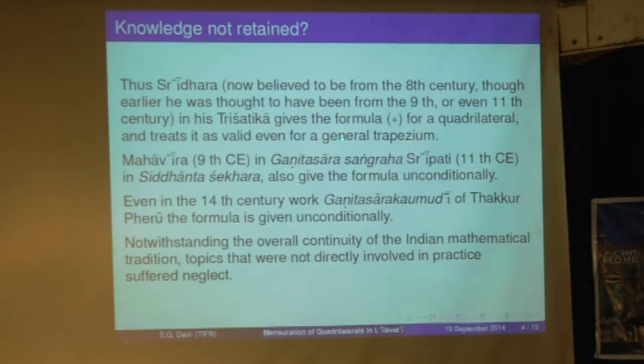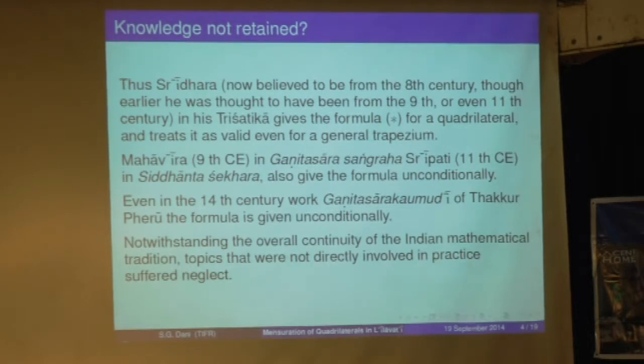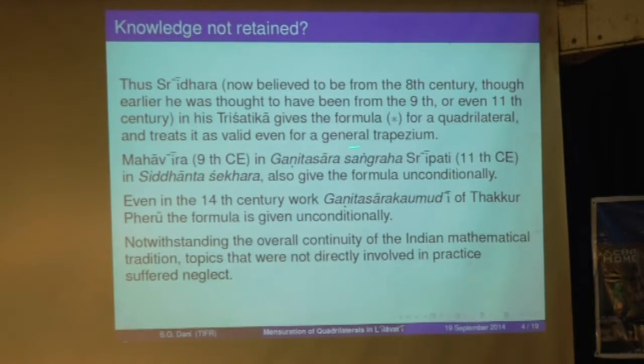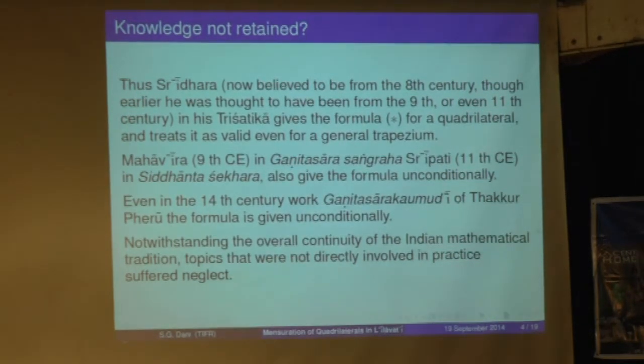So in the Trishatika, he treats this to be a formula for any quadrilateral, and in particular applies it even to a general trapezium. Same thing kind of holds with Mahavira's Ganita Sara Sangraha and Siddhanta Shekhara of Shripati, which also have this formula treated as if it is for a general quadrilateral.